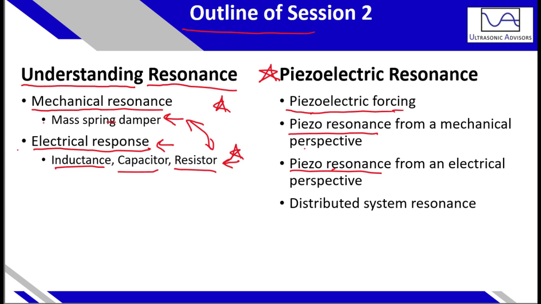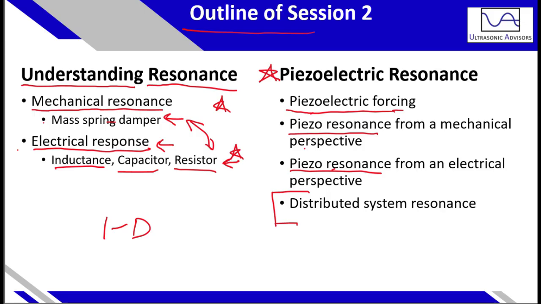During the whole discussion until this point, I'll be mainly focusing on 1D analysis, where we have discrete components. But after this point, I will start to describe more about distributed system resonance and its implications for piezoelectric devices.